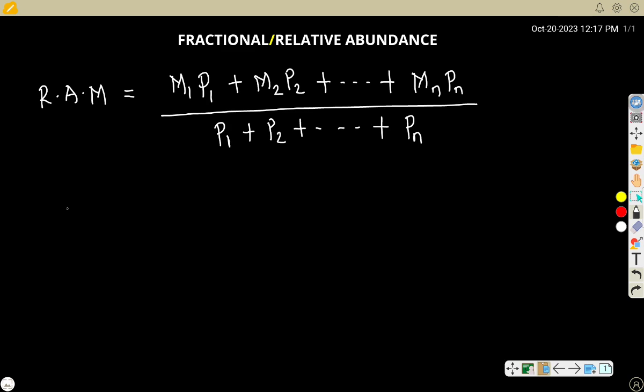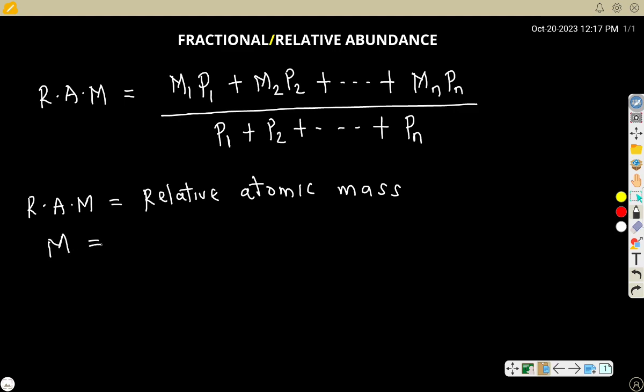So take notes. RAM is relative atomic mass of isotopes.